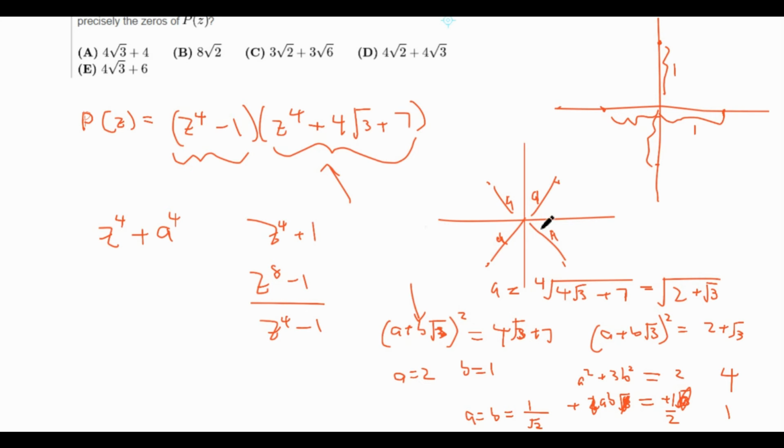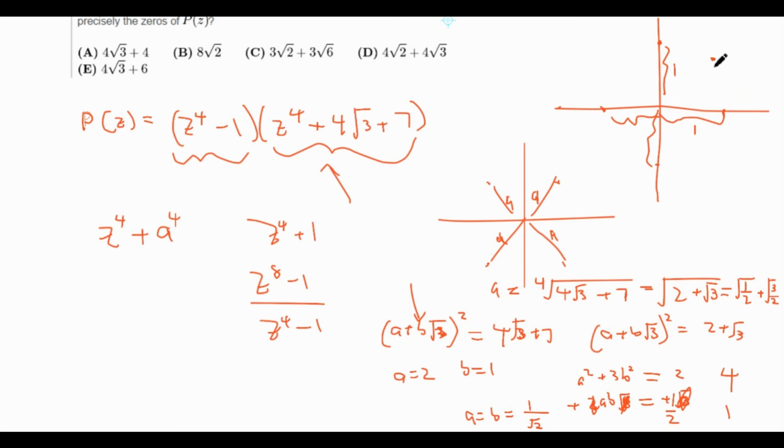But if you can't notice this, you can just use substitution and then solve the quadratic for a or for b, and you'll get the same thing. So the point is that this thing is just equal to the square root of 1/2 plus the square root of 3/2. So now we know the value of a, so let's draw everything on one diagram.